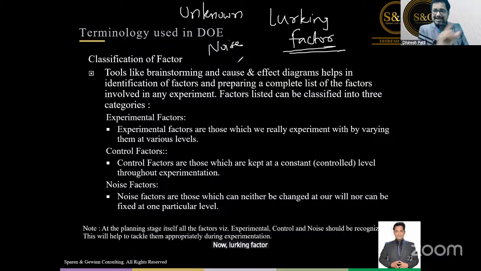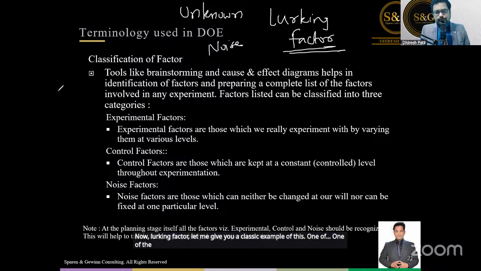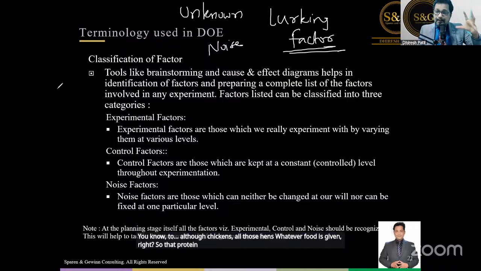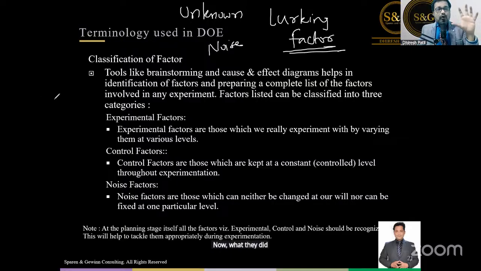Now, lurking factor. Let me give you a classic example of this. A company used to make chicken feed, meaning for the poultry farm, whatever food is given to all those hens. That protein-rich food that company used to make. This is a real example which happened in the US. They wanted to try their new product in one of the poultry farms.